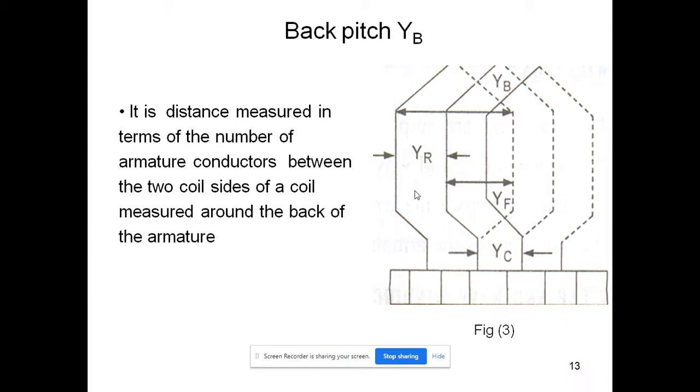It is defined as the distance measured in terms of the number of armature conductors between the two coil sides of a coil, measured around the back of the armature.